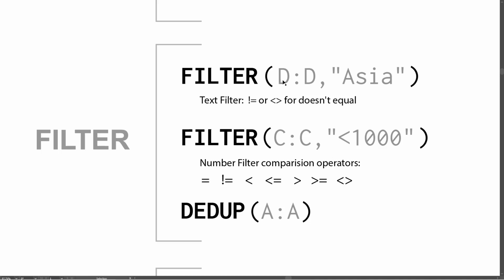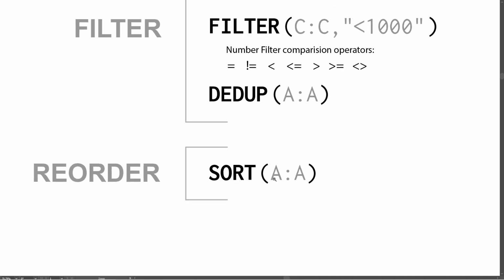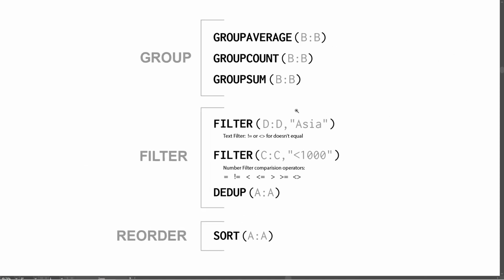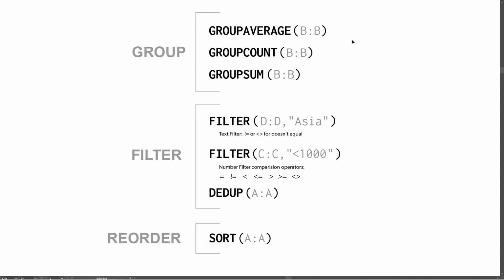So filtering applies both to text and to numbers. Dedupe can be useful, especially when you're having people look at record inspection. And finally, reordering. There's all kinds of reordering operators. So most dashboards can be made through these basic recipes, but there's also all kinds of special cases that are powerful and can help you out.